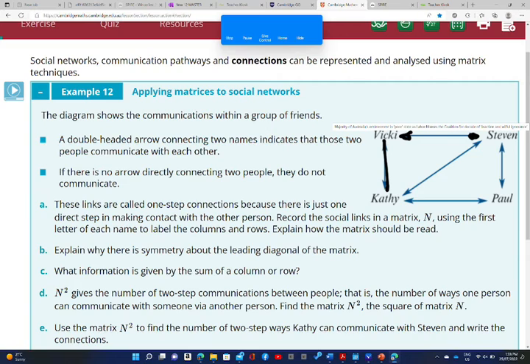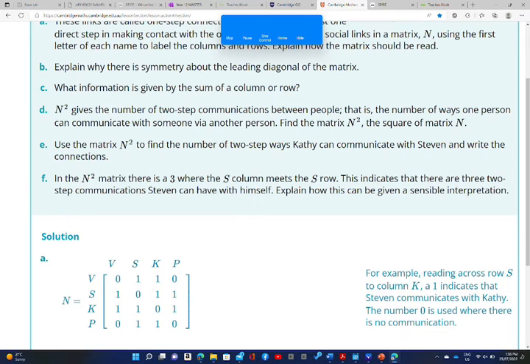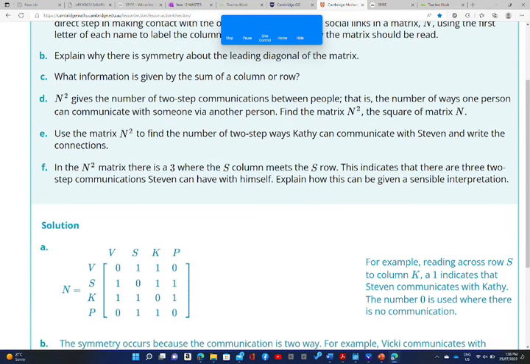All right. But from this, we can create a matrix. And then we can answer some of these questions about how these pieces go together. So you can see here they've drawn the matrix, and again, as we talked about, you can see that the diagonal here is all zeros because Vicky can't lead to Vicky. There is no line leading from Vicky to Vicky if you're already at one spot, right?